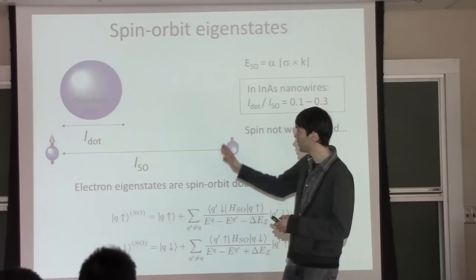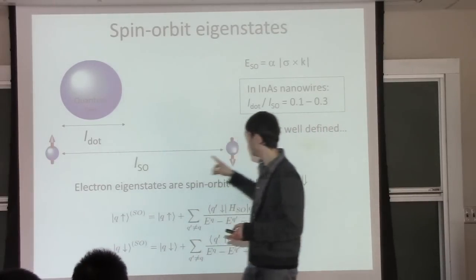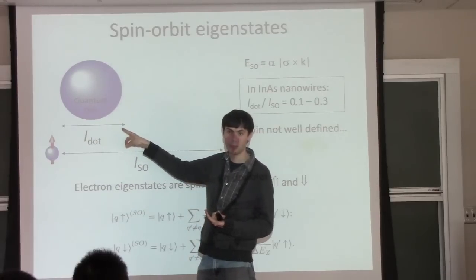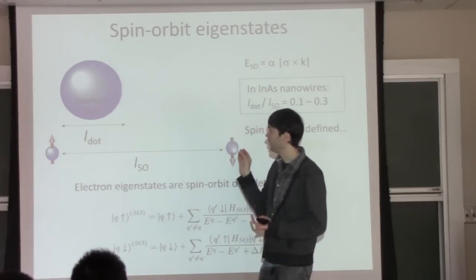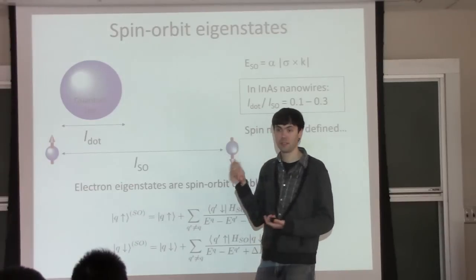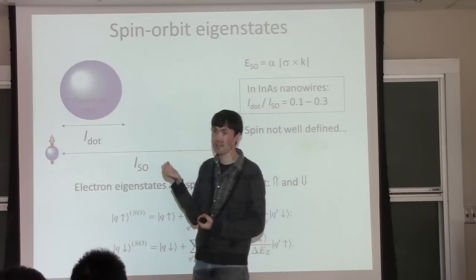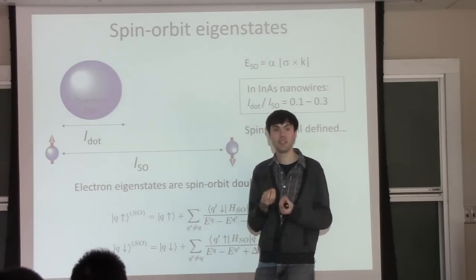So in those, you get in this regime where this length is maybe 100 nanometers, and the dot is maybe 20, 30, 50 nanometers. So think about it. The size of the dot is comparable to spin-orbit length. Means that inside the dot, can you even define spin very well?